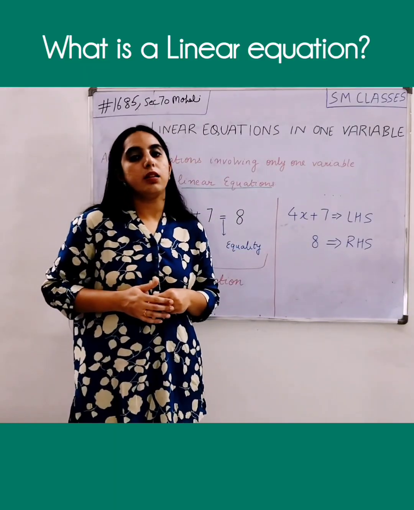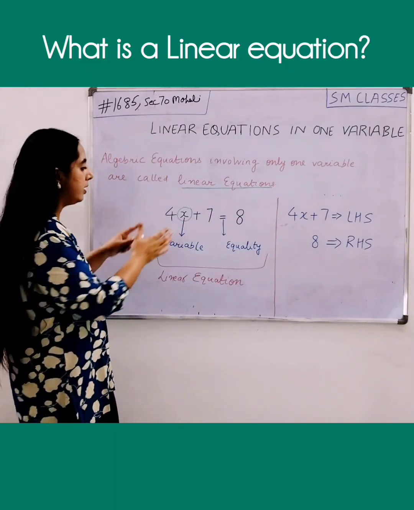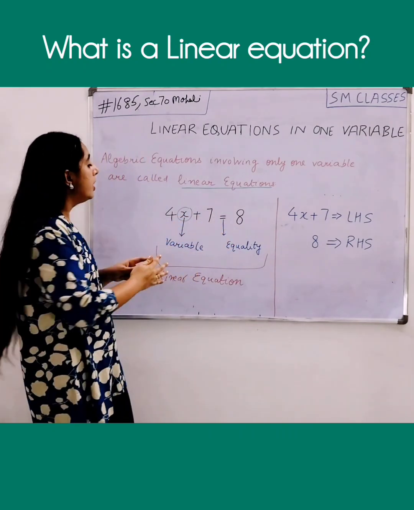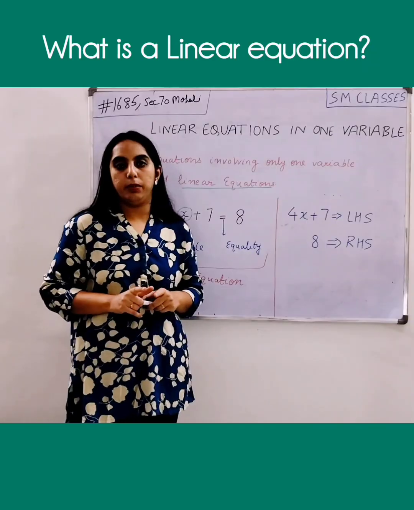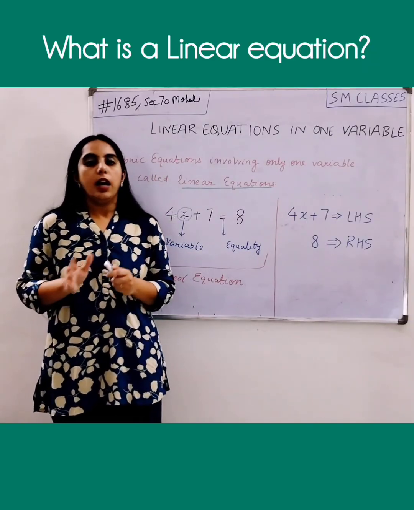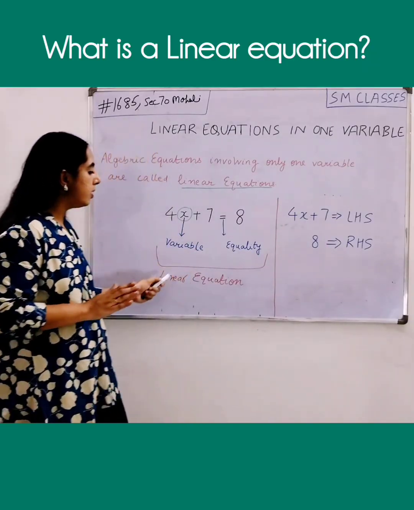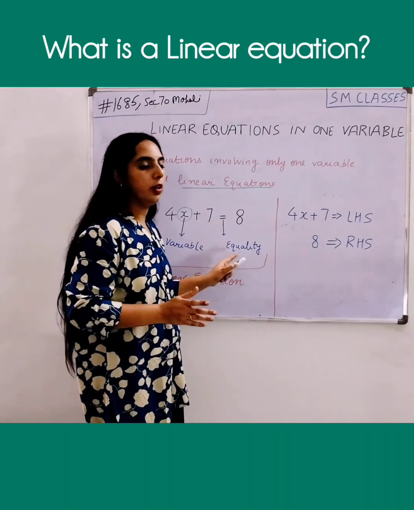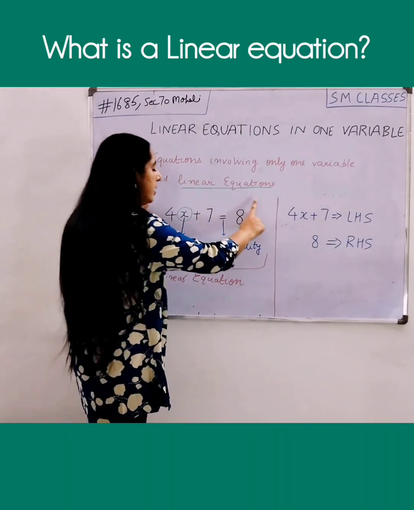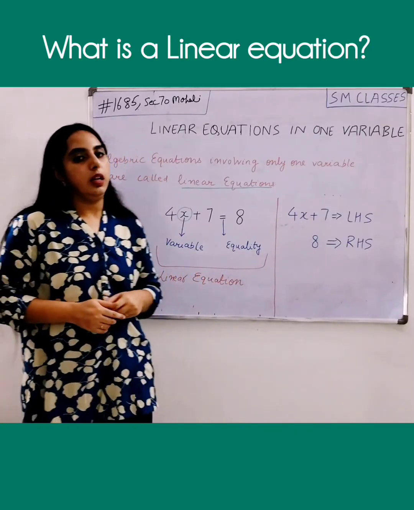How do we term it as a linear equation? In this equation, there is only one variable, that is x. There is no other variable like y, t, z other than x. So this is a linear equation. Only one variable and an equality sign, and this entire thing will be called a linear equation.